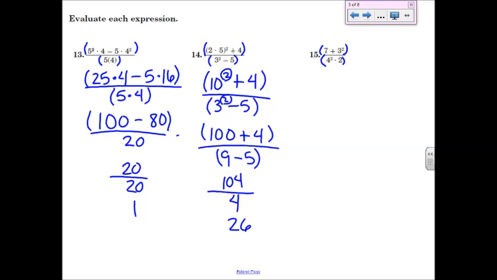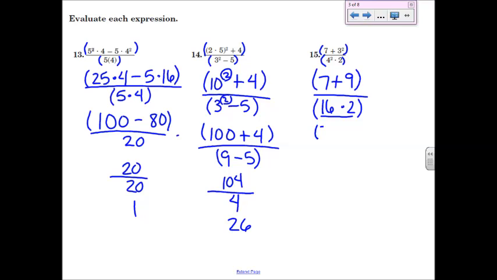And then number 15, we have inside the parentheses 2 exponents that'll come first. So we have 7 plus 3 squared is 9. And we have 4 squared is 16 times 2 on the bottom. The next thing is the multiplication of 16 times 2.